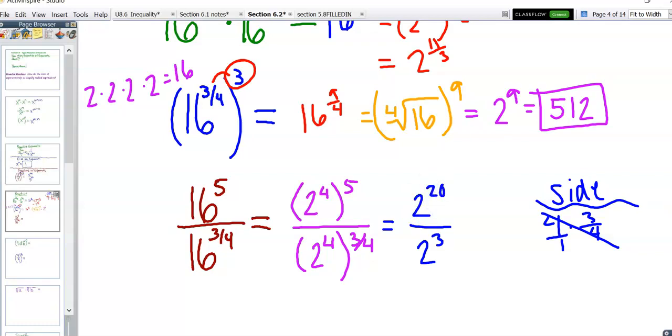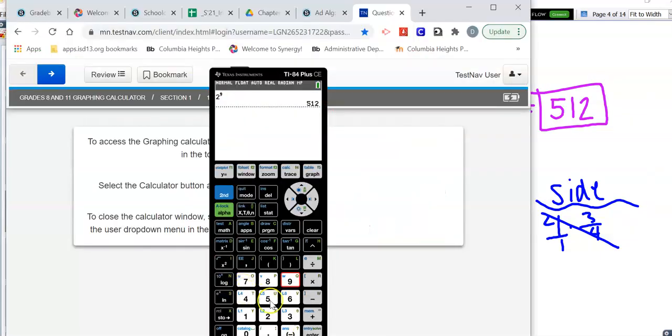Now we have exponents that have the same base. They're all those integer numbers. All we have to do is subtract 20 minus 3, and then we should be getting 2 to the 17th power. And that's another one that you can type into your calculator. 2 raised to the 17th. And we get 131,072.